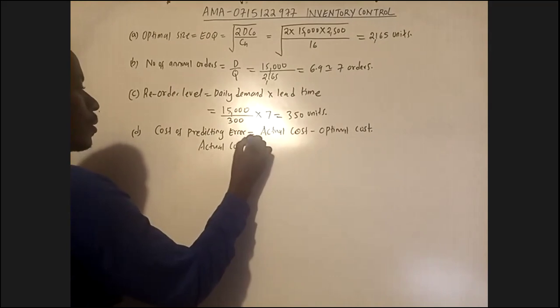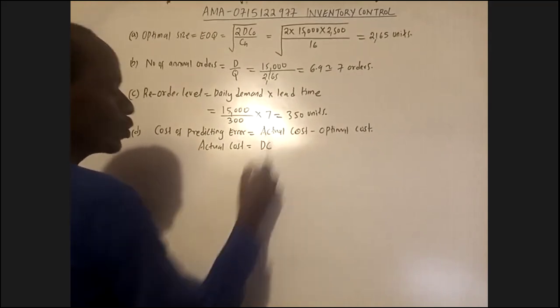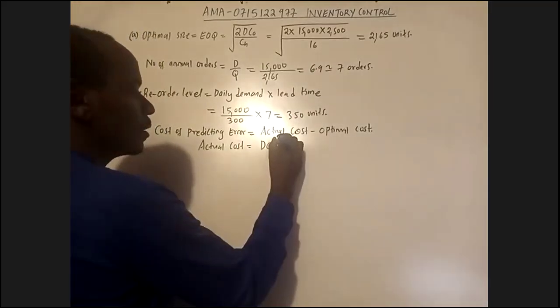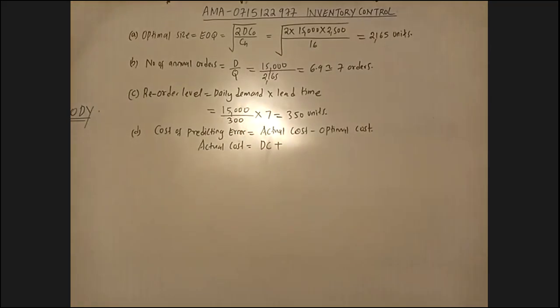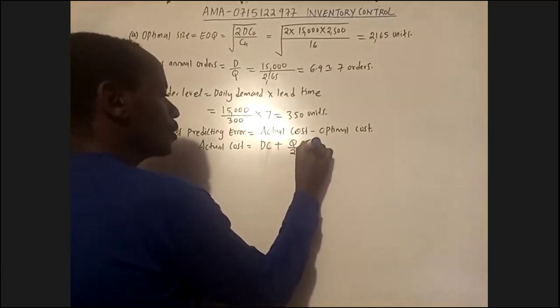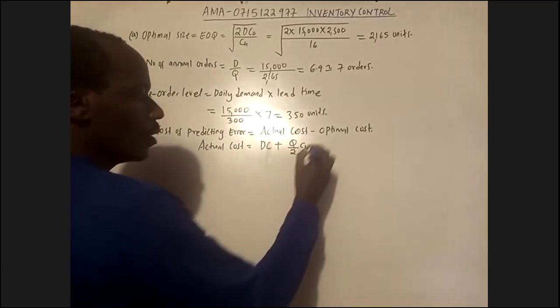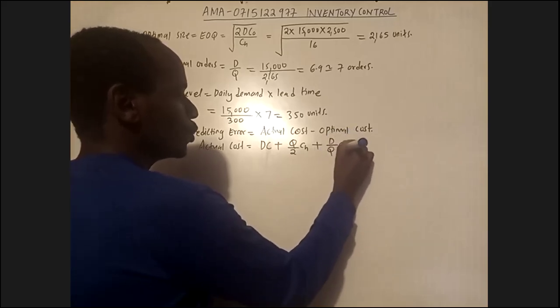Actual cost is supposed to be D times C, where D is our annual demand and C the purchase price, plus holding cost, which is Q over 2 times CH, plus ordering cost, D over Q times CO.